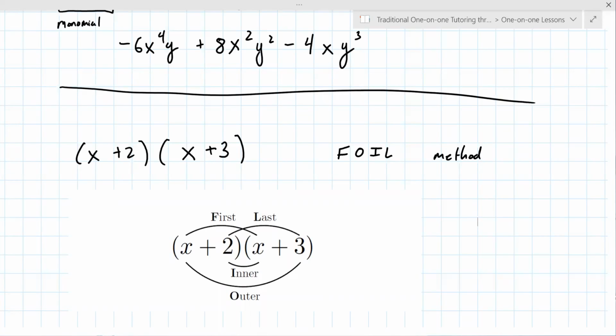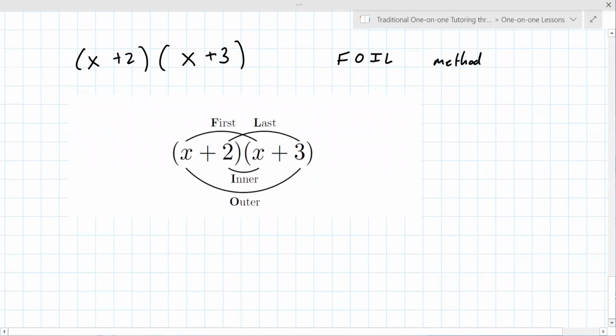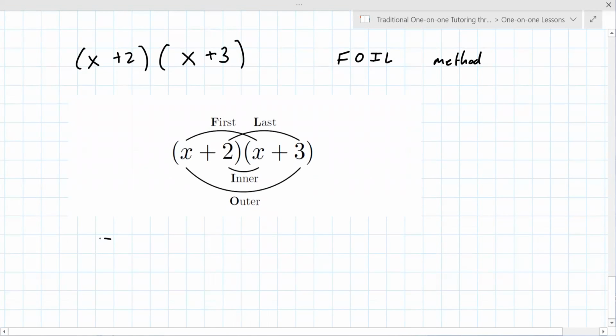Great. So the FOIL method stands for first, outer, inner, and last, and it's the order that you multiply. First, the F here means x times x, which you now know becomes what?